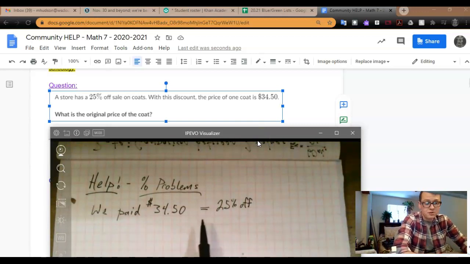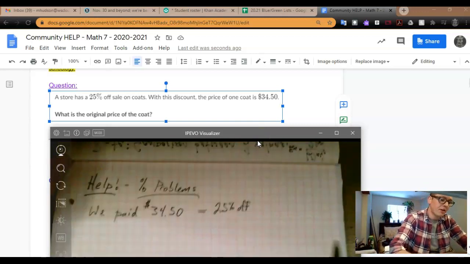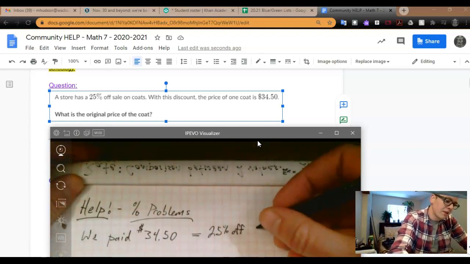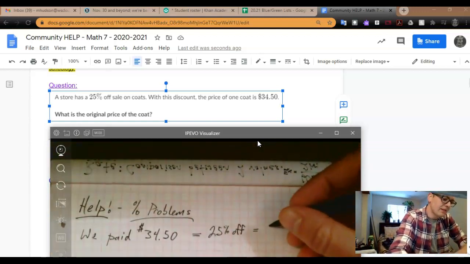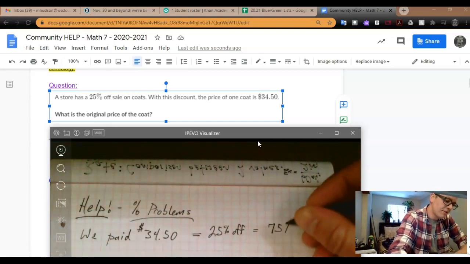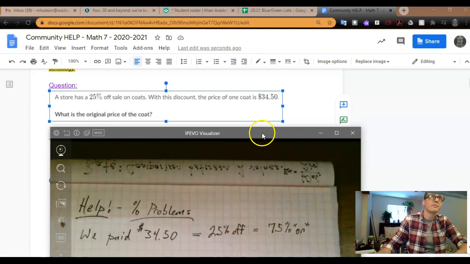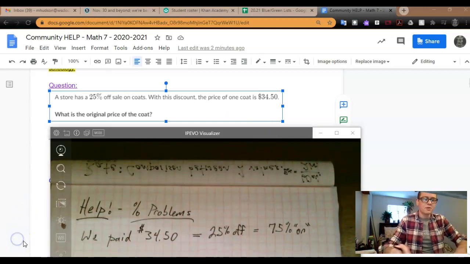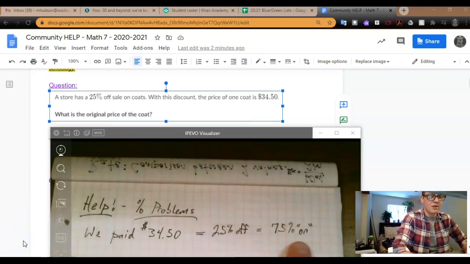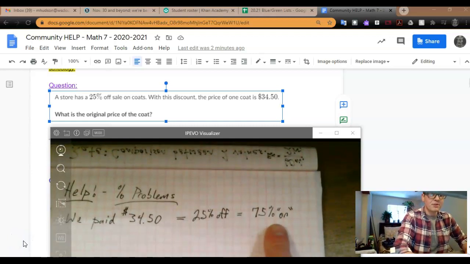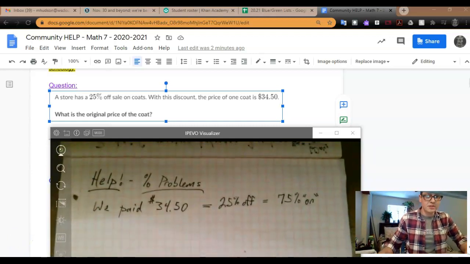We would have paid 100%. So with 25% off, we actually are going to end up with, so we paid 75% on. So knowing that we paid 75% on, we can also say that that's 75% of the original price, right?